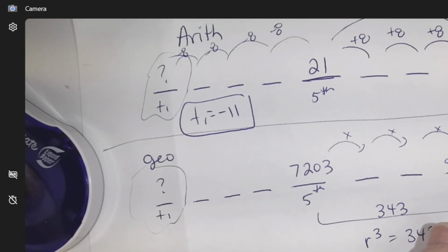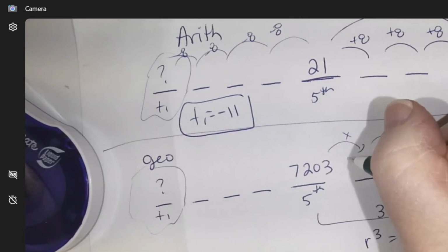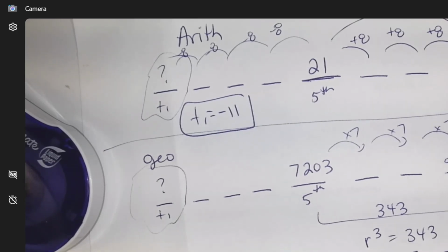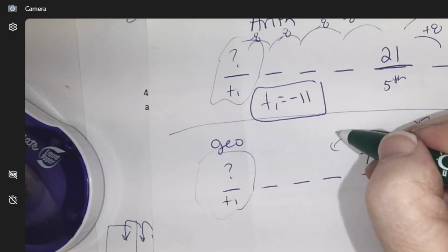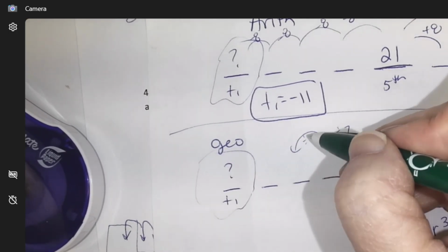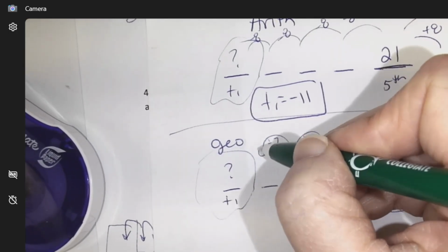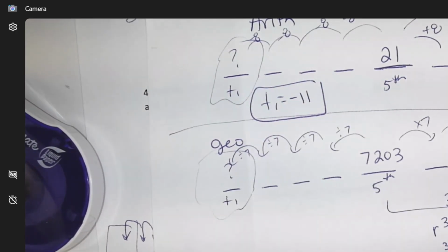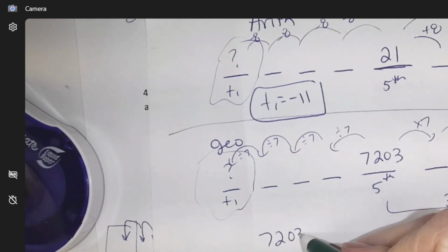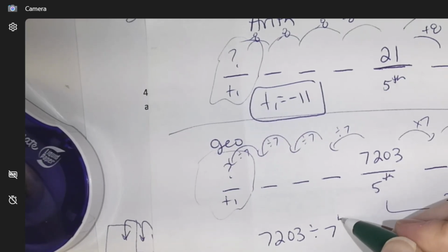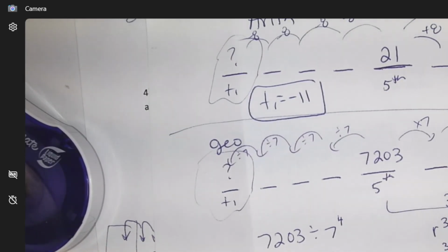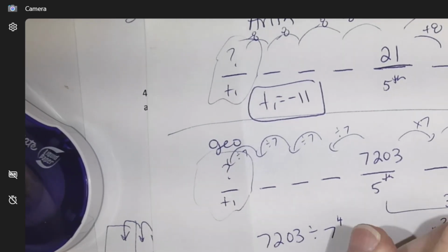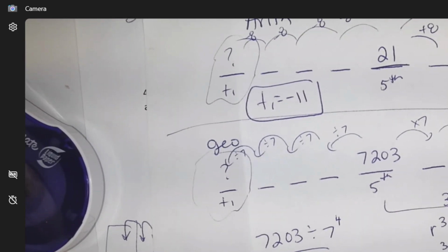So then I cube root it to get a timeser of 7. So I times by 7, times by 7, times by 7. So then to backtrack, I would have to divide by 7, divide by 7, divide by 7, divide by 7, or you could divide by 7 repeated 4 times. So then I got 3.